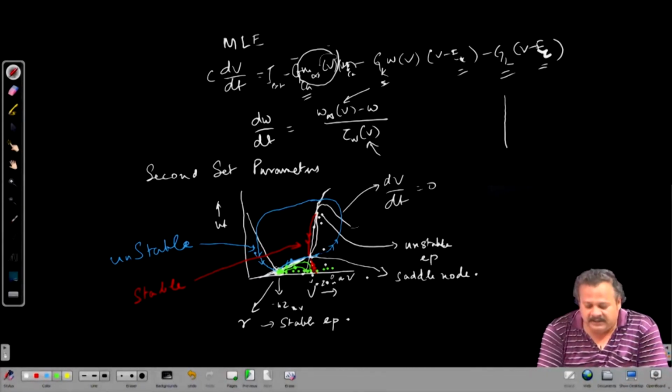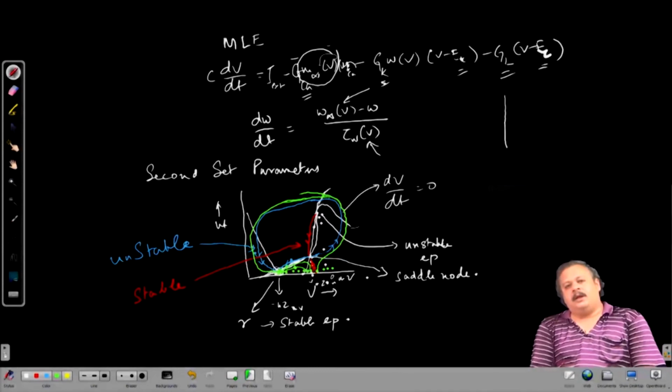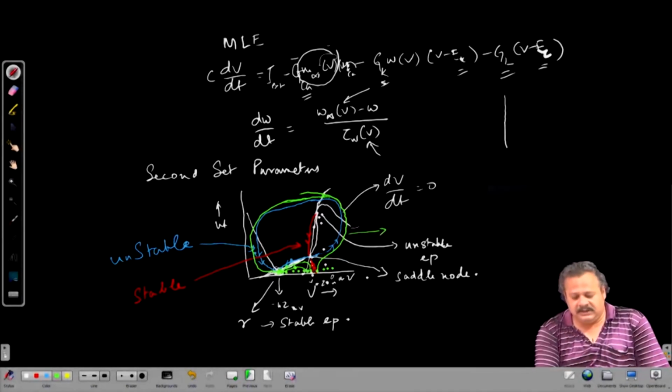And infinitesimally to the right here, it will diverge and move along this unstable manifold and go back into the resting membrane potential, and this is what is going to be the action potential.